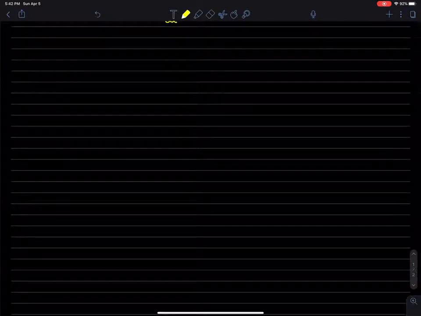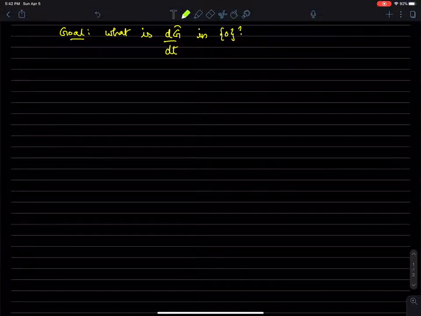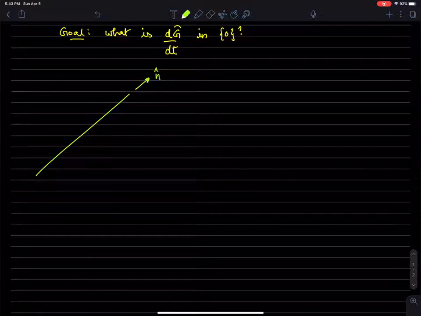Now, let's draw a picture. Let's say this is the axis. Recall Chasles' theorem again, which suggests that there's an instantaneous axis of rotation for a rigid body with some angular velocity omega.